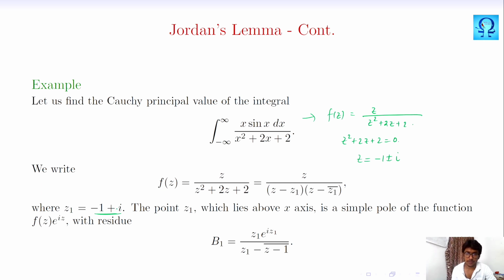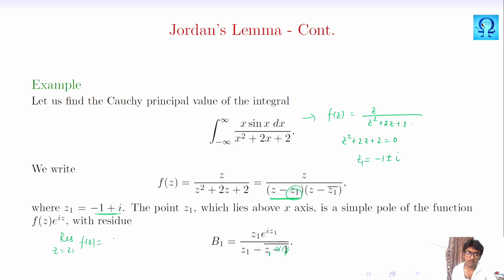Now we have to find out whether this is a simple pole or not. Yes, it has only one factor, which means it must be a simple pole. If it is a simple pole, then the residue at z equals z1 of the function f of z is nothing but, since we denote this one as z1 and this one as z1 bar, here also we have some typographical error.